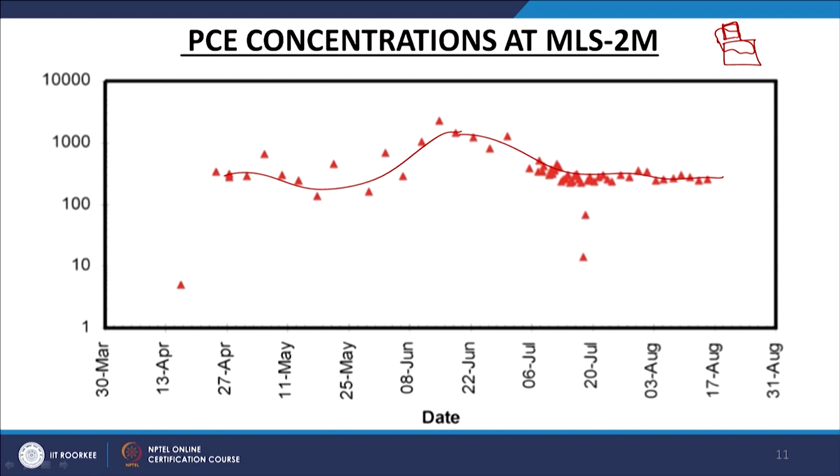So obviously the profile of the PCE in the groundwater concentrations is going to be relatively different.